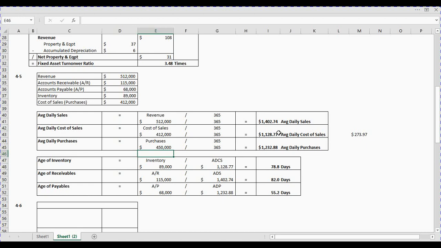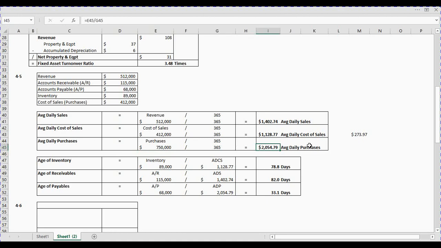It's probably going to be a little bit higher, and this difference isn't that critical. But if this was something like 750,000, I missed a zero. So if I'm purchasing $2,000 a day in stuff to sell, but I'm only selling $1,128 of it each day on average, can you see where that's a bad thing?